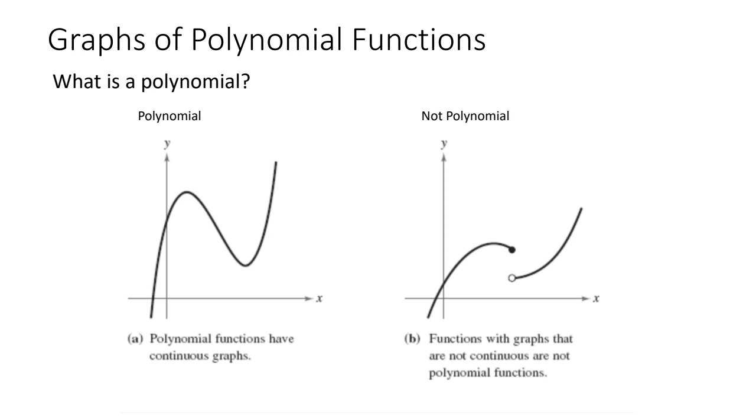Okay. Now, what I also like to tell my students is, polynomial, what does that mean? Well, if we break down what polynomial means, it's made out of two words: poly meaning many, and nomial meaning number. So many numbers, or you can think of it as many terms. So what this is referring to is that we're going to be looking at graphs that have many turns, right?